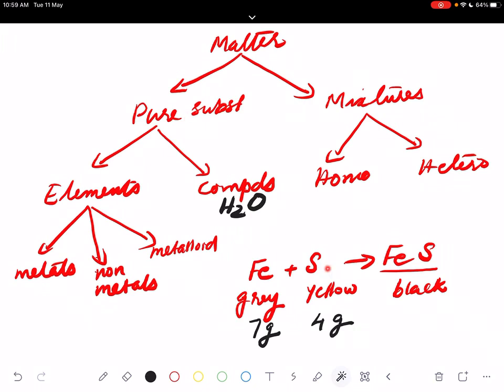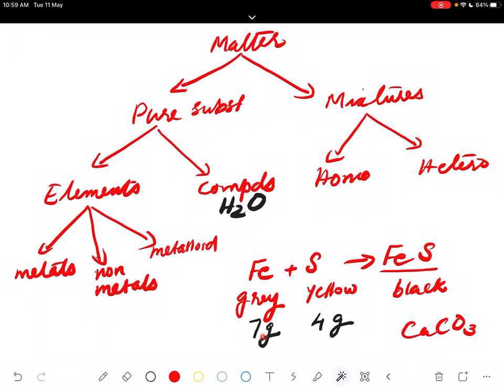Here I have shown only two elements. There may be more elements. For example, another compound, calcium carbonate. In this, calcium is there, carbon is there, oxygen is there. Some more elements are there than two. So, a pure substance containing two or more elements which are combined together in a fixed proportion by mass.